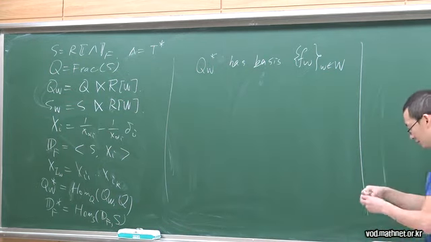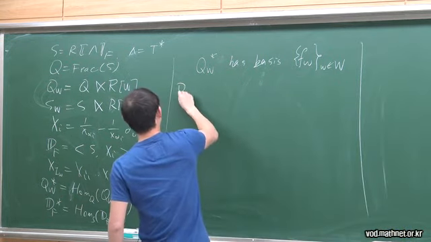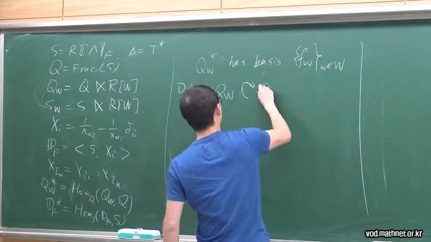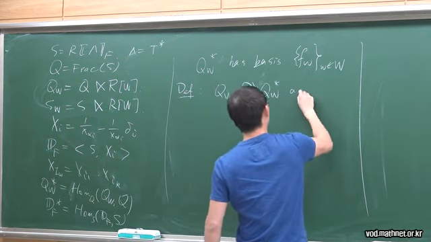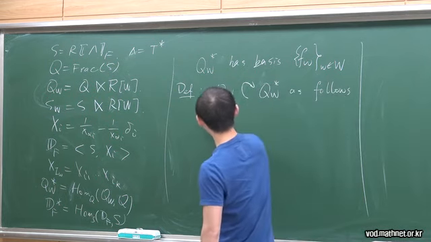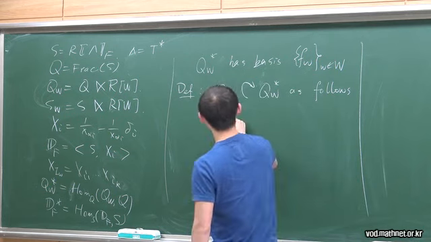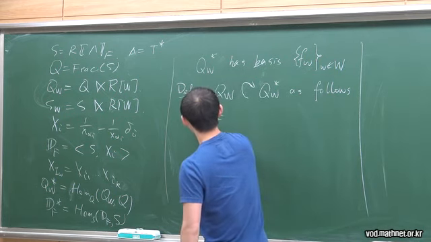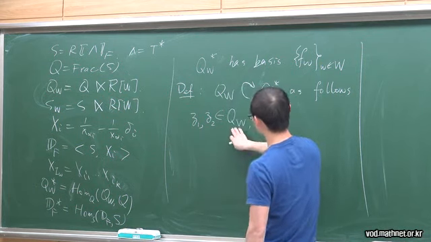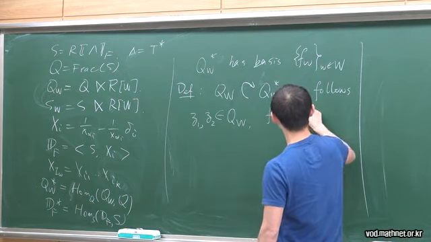So now we have this action of W on Q_W star as follows. That is, if you take some elements g1, g2, two elements from Q_W, and f from Q_W star.